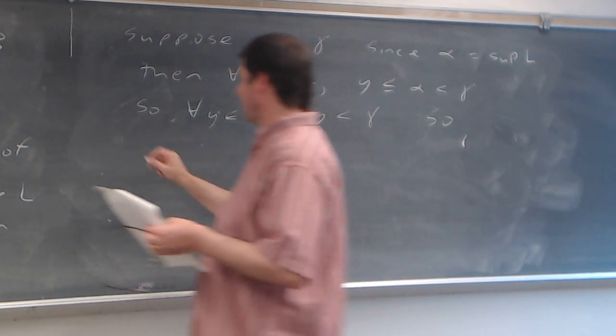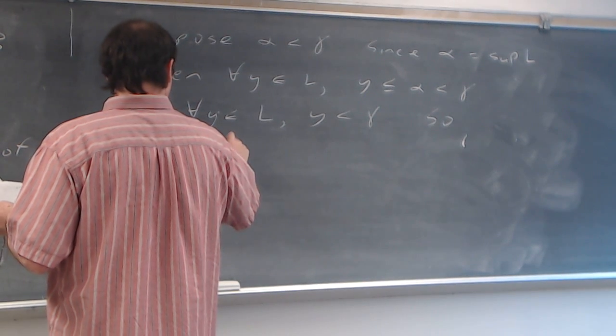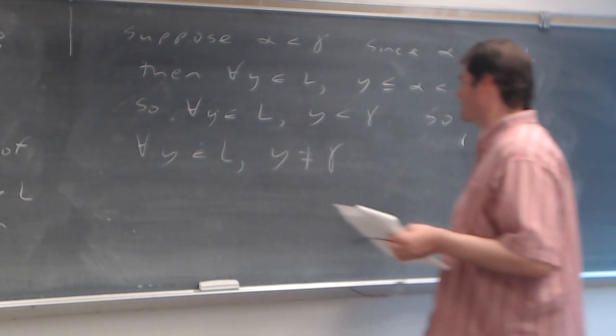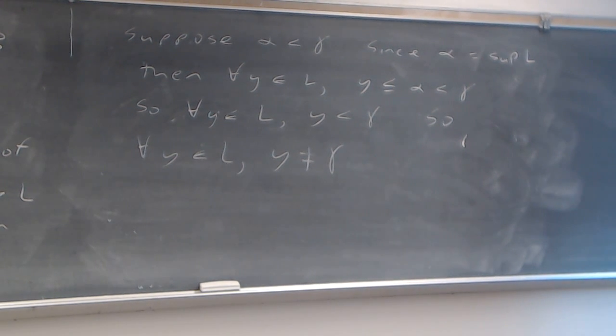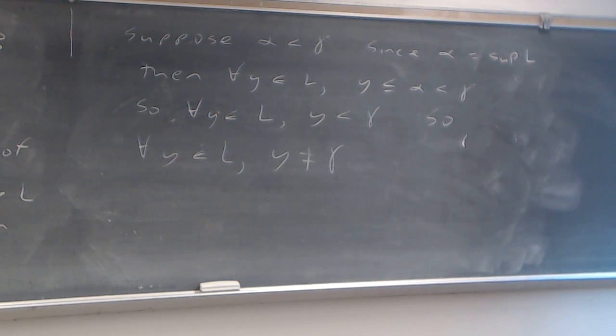So for every y element of L, y is less than gamma, so y is not equal to gamma, because by the definition of an ordering, if it's less than, it can't be equal to.